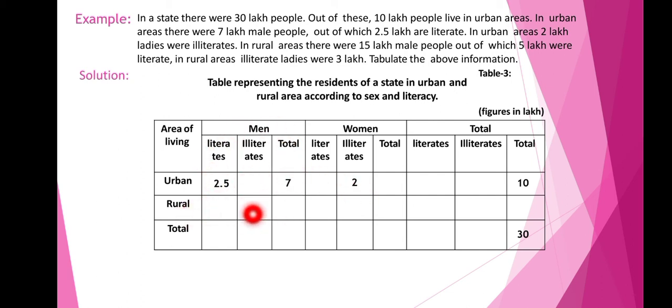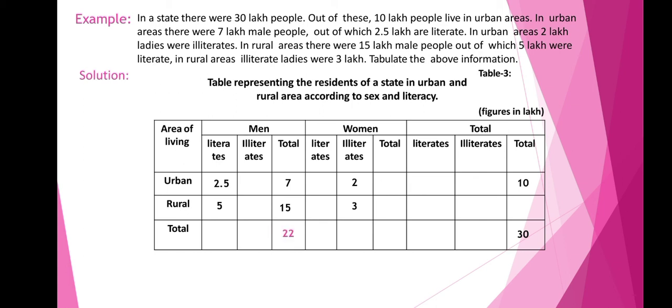Out of which 5 lakh were literate, and illiterate ladies were 3 lakh. Tabulate the above information. All this information is given, and the remaining we have to calculate.